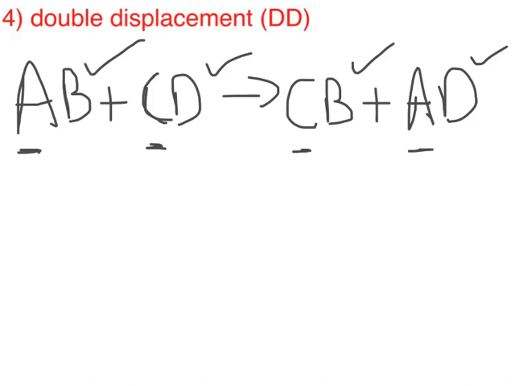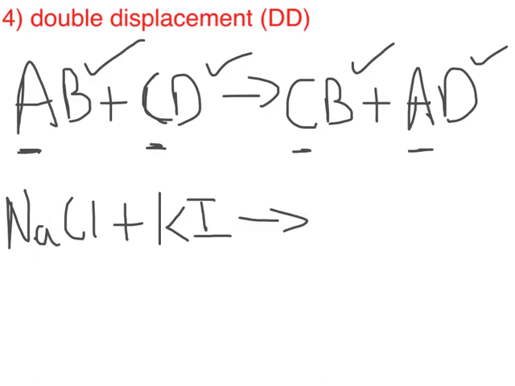So here's an example. Sodium chloride, ionic compound, plus potassium iodide yields. Okay, so notice I have two ionic compounds. Right away, when I have two ionic compounds, I'm going to assume that this reaction is a double displacement reaction. So how do I predict the products? Well, we know that this and this are metals.